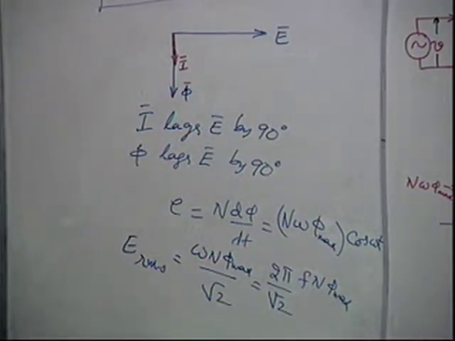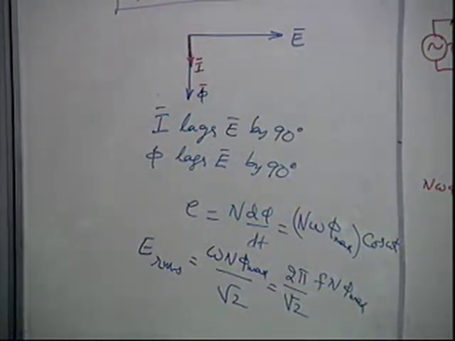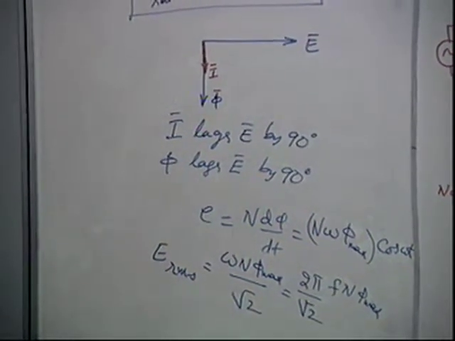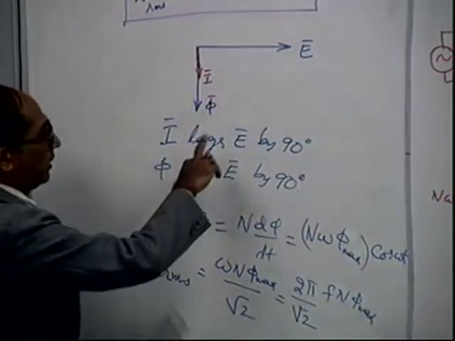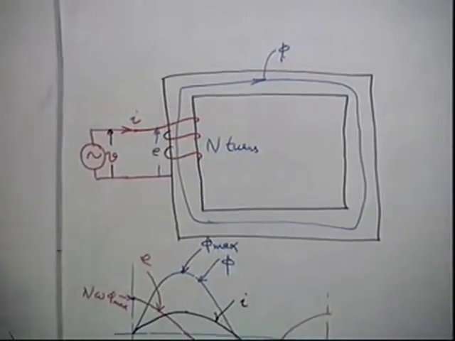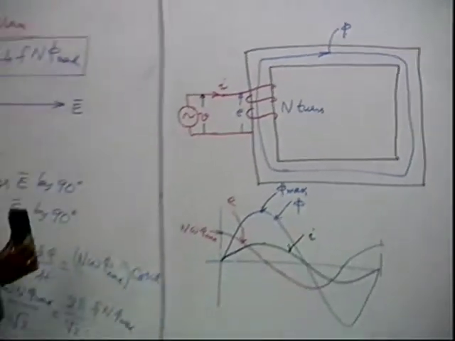And therefore we can also write a relation between I and phi, a BH relation in AC, which may not be the same as DC. Let us see how we get such a relation.